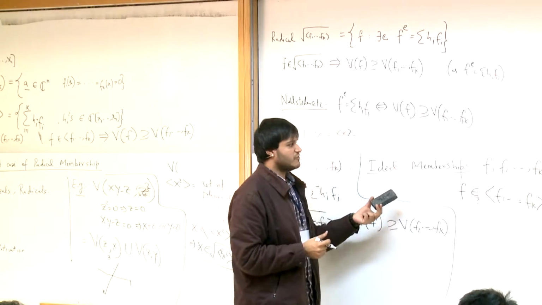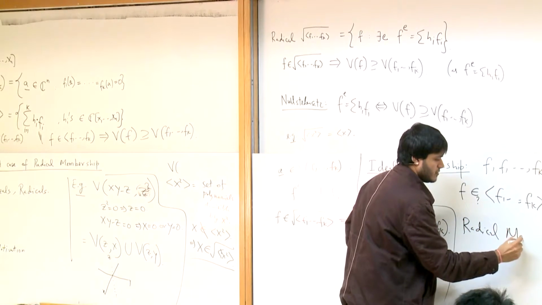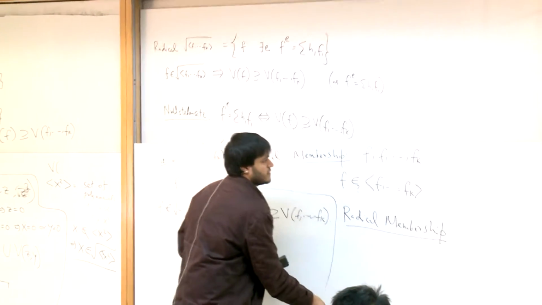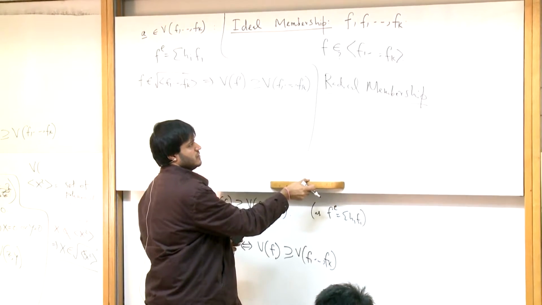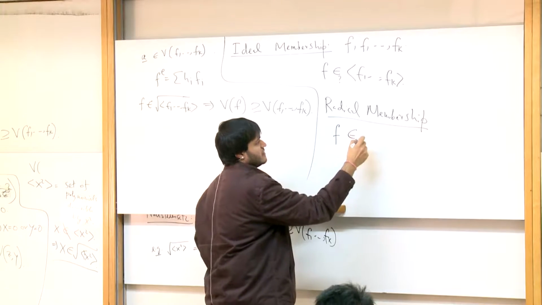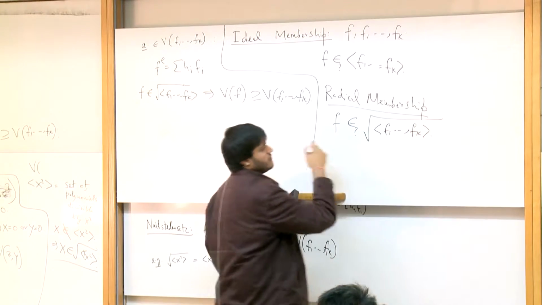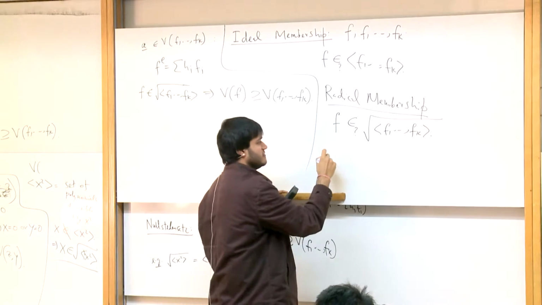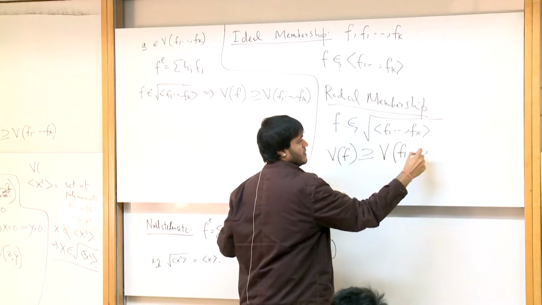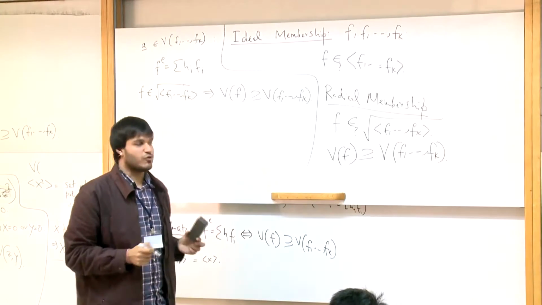Analogously, you can also define radical membership, which asks whether f is in the radical of this ideal. From the Nullstellensatz, this problem can also be rewritten as whether the variety of f contains the variety of f1 to fk. Just now we saw that.